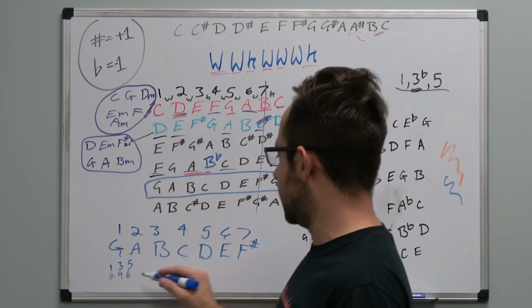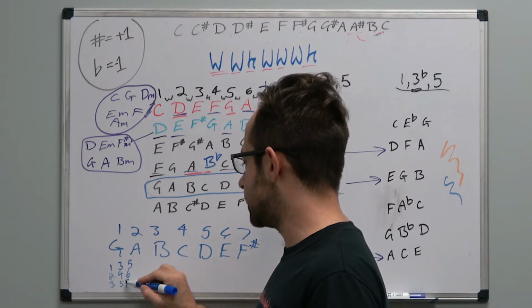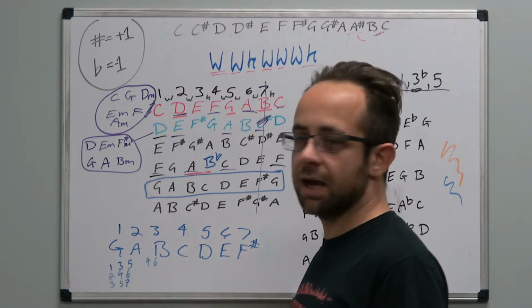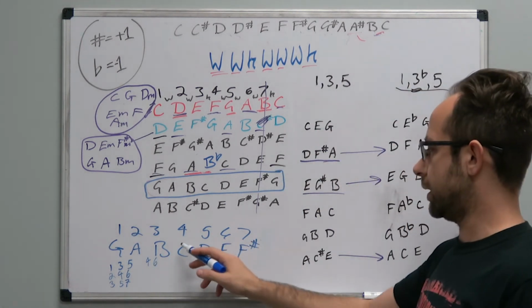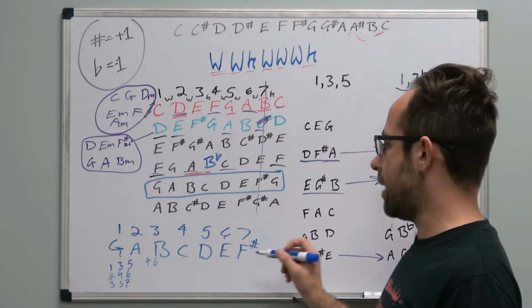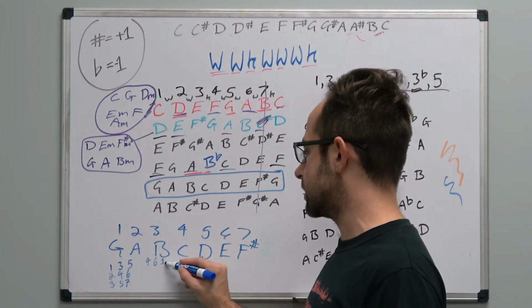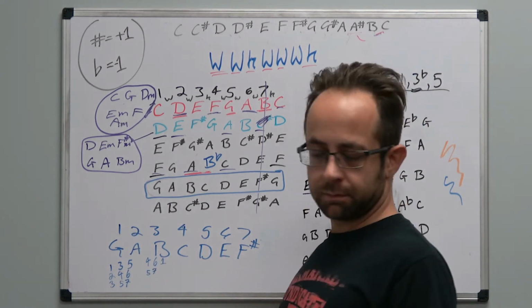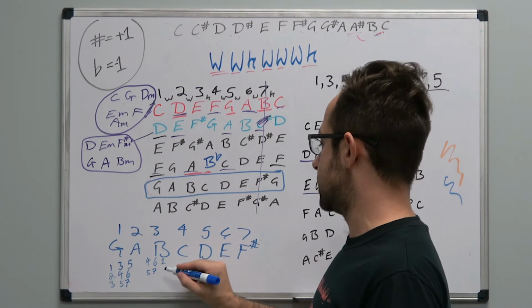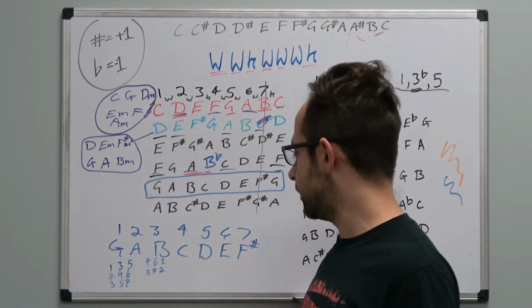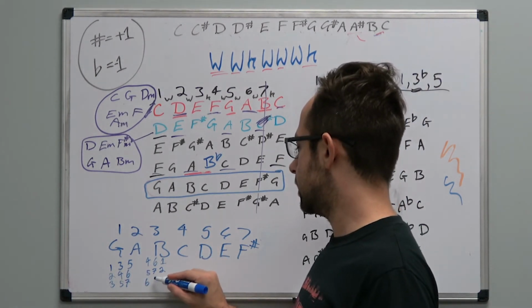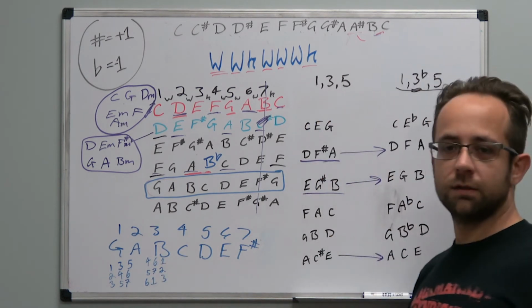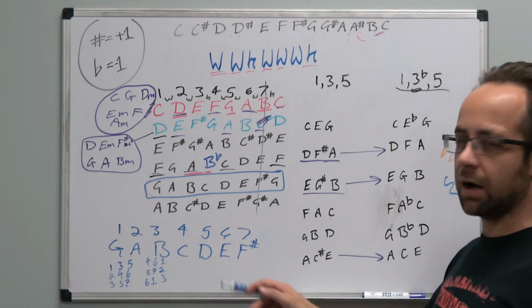Beyond that, you could have 3, 5, 7. You could also have 4, 6, and then it appears to not work anymore because you skip over 7, but that puts you back at the beginning. So 4, 6, 1. You could have 5, 7, which goes back around, so 5, 7, 2 could be the next one. And then 6, 1, 3. Does that make sense? These are the different combinations that you could have.